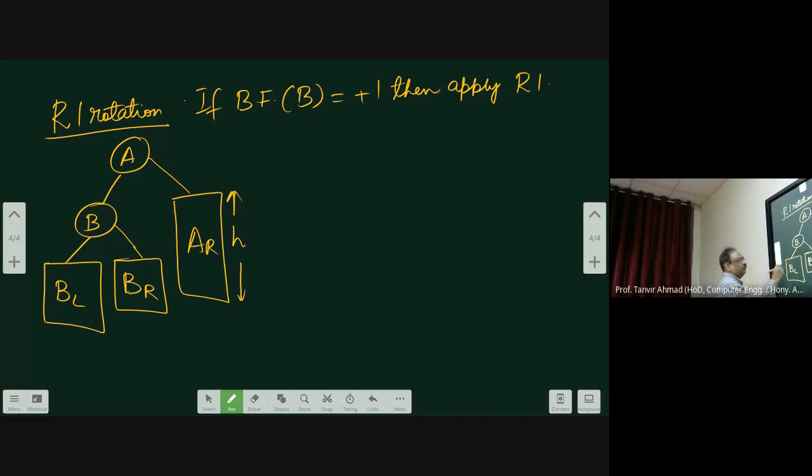The height of this is also h. But the height of this is h minus 1. Okay? Now check the balance factor. What is the balance factor of B? h minus (h minus 1), say it is +1.